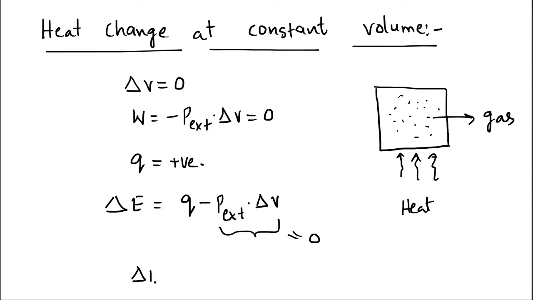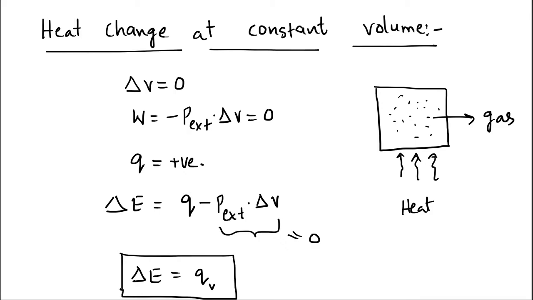Therefore, delta E equal to Q. The heat supplied to the system is simply the change in internal energy if that process is done at constant volume. Therefore, to represent the constant volume process, I write V as a subscript. Therefore, delta E equal to QV.